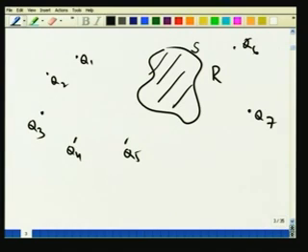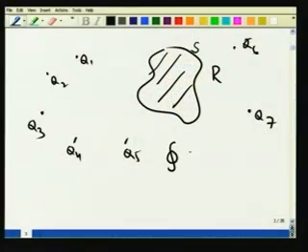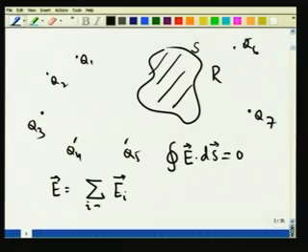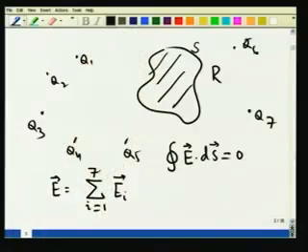Since for each of them the integral of E dot dS is equal to 0, the integral of E dot dS is equal to 0 for the total electric field as well. Therefore, again we conclude that the integral of E dot dS is equal to 0, where E is obtained by summing over the contributions coming from all possible sources. So, here I have i equal to 1 up to 7, corresponding to 7 point charges.